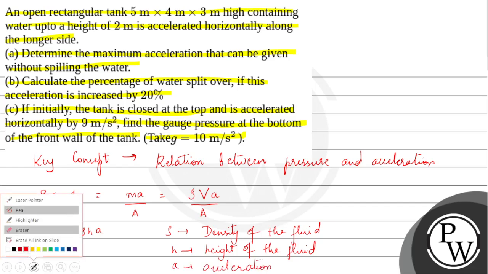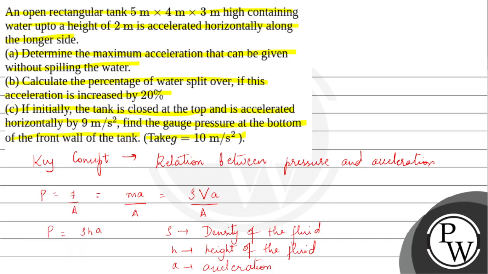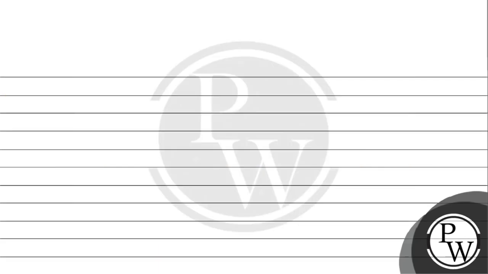तो इस क्वेश्चन को सॉल्व करने के लिए पहले जो मेन क्वेश्चन में डिटेल्स दिए हैं उसको नोट करेंगे, फिर सब पार्ट जो क्वेश्चन है उसको डिटेल्स नोट करके सॉल्व करेंगे. सो गिवन dimensions of the tank, so that is 5 meters into 4 meters into 3 meters.